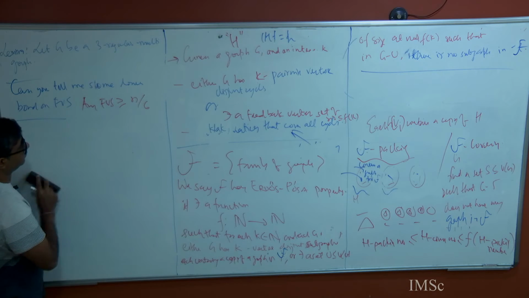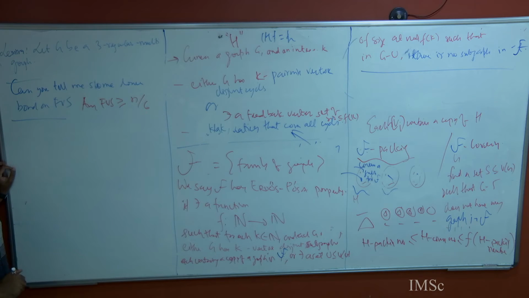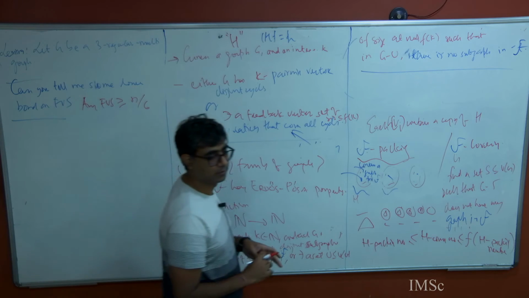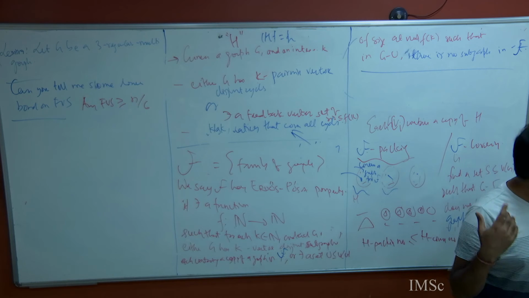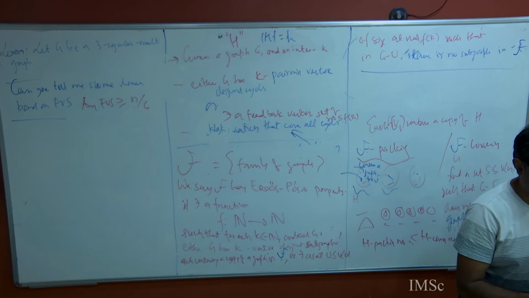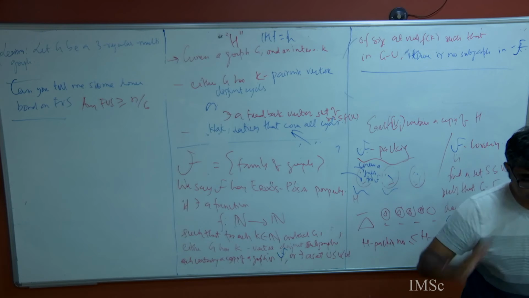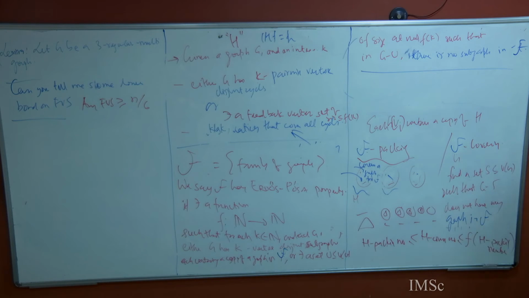So, how many cycles do I need in this kind of graph? I want to say any 3 regular graph contains at least this many vertex disjoint cycles.